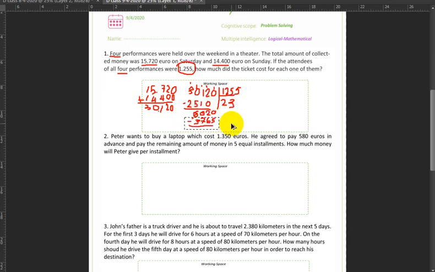Oh, no. And instead of 3, we're going to try 4 times. And when I try 4 times, I'm going to get exactly 5,020. And by doing the subtraction, I'm going to get 0, which means that each ticket cost 24 euros.